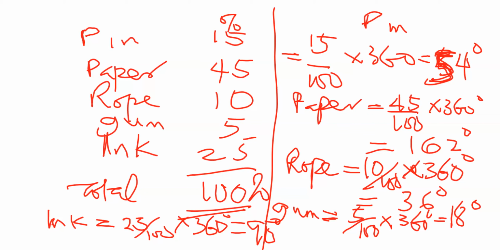And before I get to the drawing, Roman figure 2 says, how many degrees of the pie chart represent rope, gum, pin? How many degrees rope? 36 degrees. 36, yeah. So you add degree of rope plus degree of gum plus degree of pin, and that is the answer to that question. Any question on that Roman figure 2?